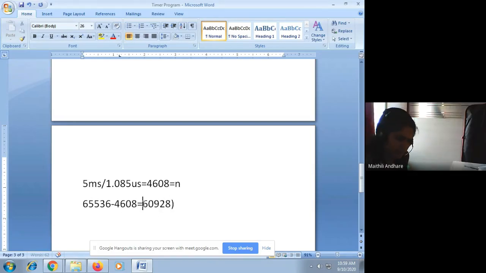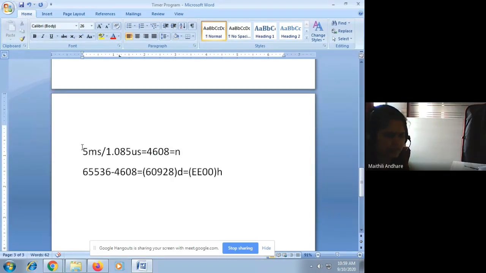What you have to do is load the values in the TH and TL registers. For that, you require its corresponding hex. So convert 60928 decimal to its corresponding hex value. It becomes EE00. That's it. Cross check the value.